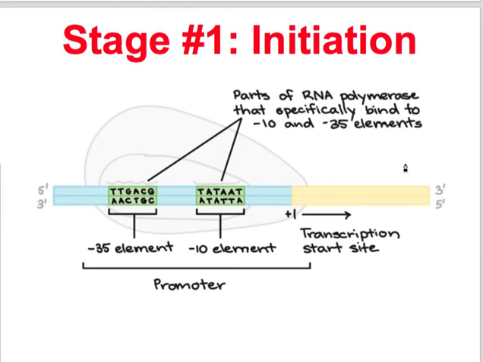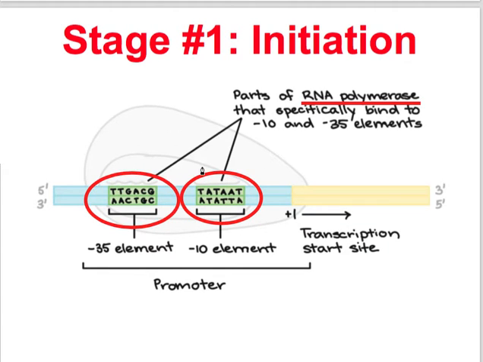As far as initiation, getting the DNA opened up so that you can actually produce an RNA, this is that step. Here's the RNA polymerase, and this is what's going to do that for us. It needs to bind to what we call promoter elements. These are specific sequences of nucleotides that are attractive to this RNA polymerase.